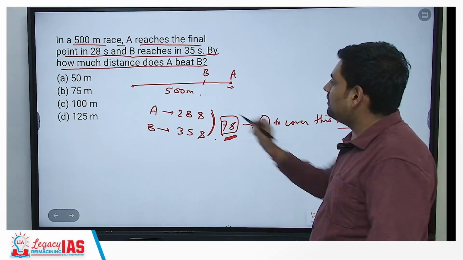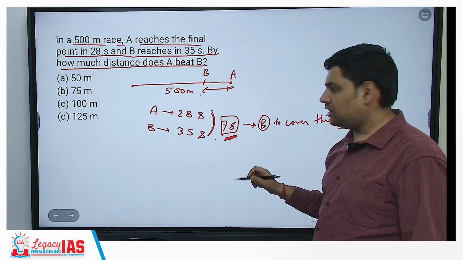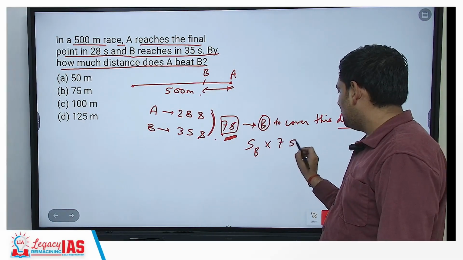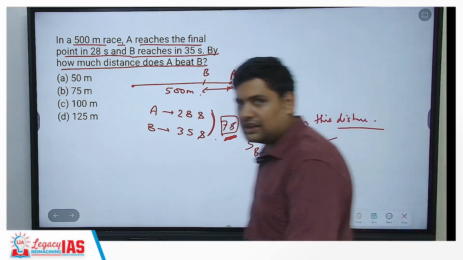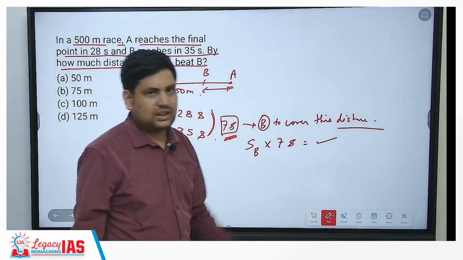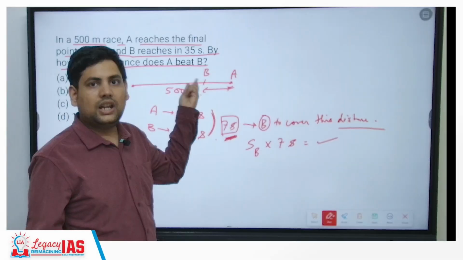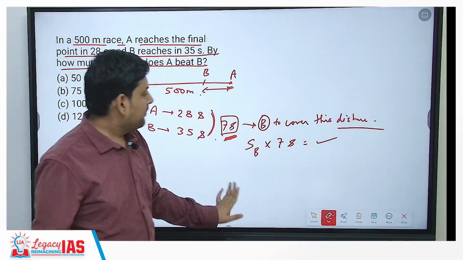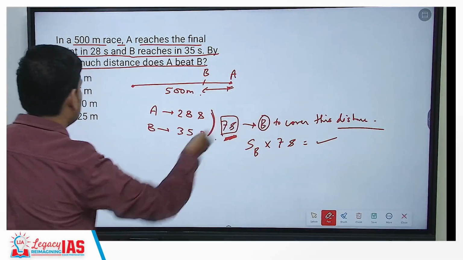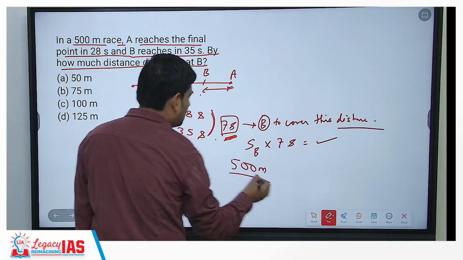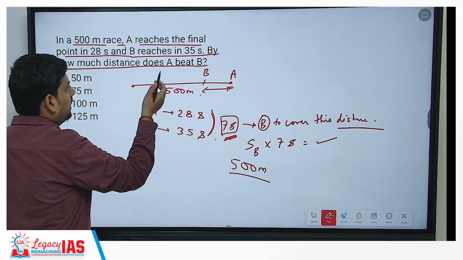Or if I have to calculate this distance, it will be speed of B into 7 seconds. Understood? Speed of B into 7 seconds will give me the distance by which A won against B. Now I have to calculate the speed of B. So speed of B will be 500 meters, this is the distance, upon time.